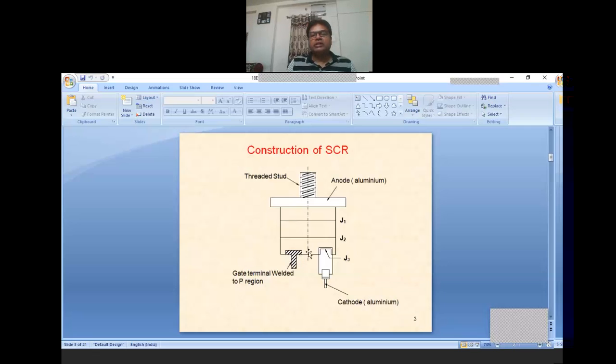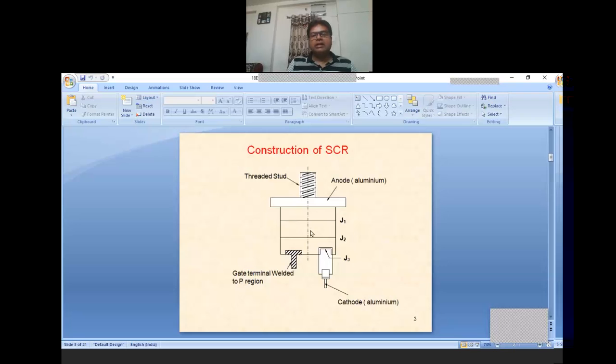Doping levels and construction of this SCR is done as such for proper working and the actual thyristor working principle. The cathode is the most heavily doped region, and then the outer P layer is doped to the next level.